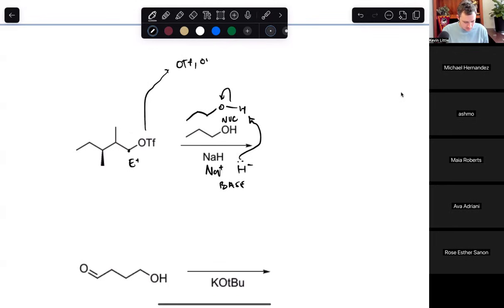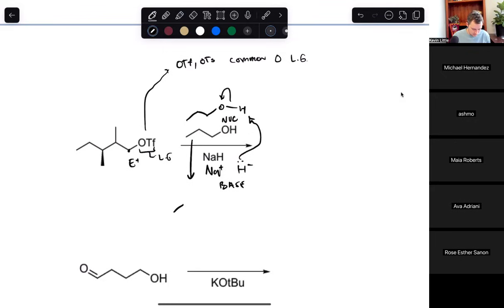OTf, OTs, these are common oxygen leaving groups. I put one of the two of them in the chart every day. So I want you to recognize this as a leaving group. That's something that you may or may not have been taught in Organic 1, but it's good to recognize.